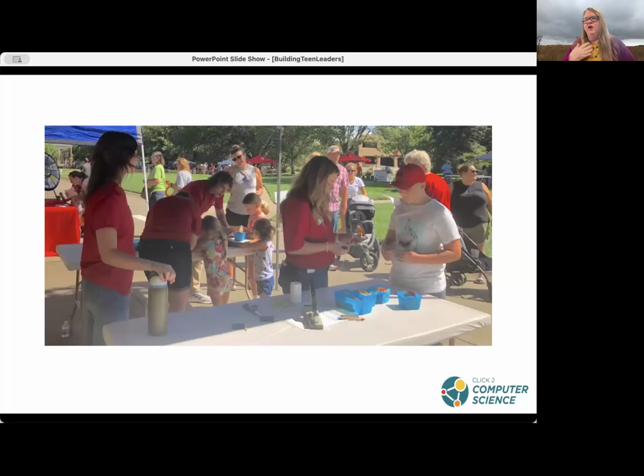We benefit. We can do a lot more because we have our young adults and teen leaders, but I also see that they're benefiting, they're growing and developing, and the youth they're working with are growing and developing, seeing STEM in new ways. I think that's part of the beauty of this. It's really a win-win-win situation that everybody is benefiting from having teen leaders.